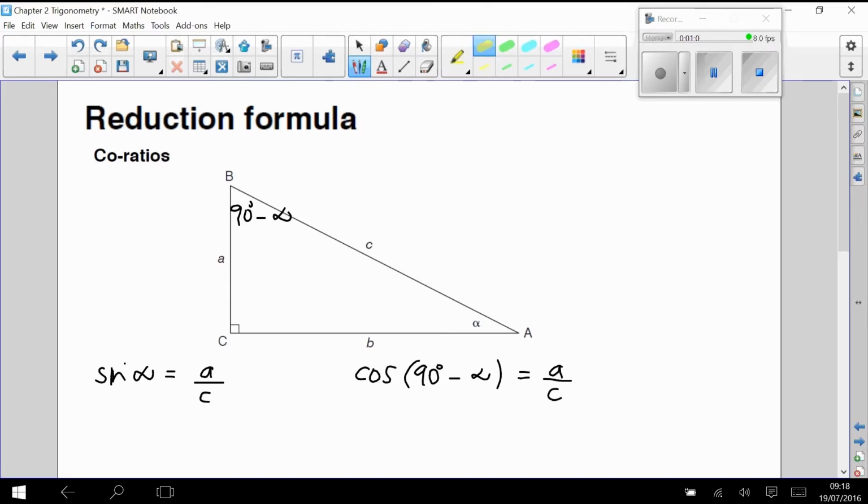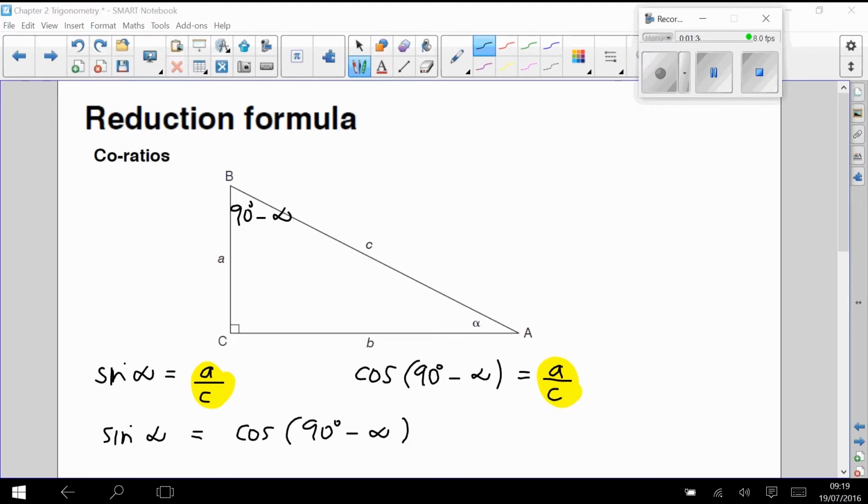Have you noticed that the two ratios that I have identified over here are absolutely identical? And so we've discovered that if you have got sine of alpha, you're going to get the same ratio if you use cosine of 90 degrees minus alpha.